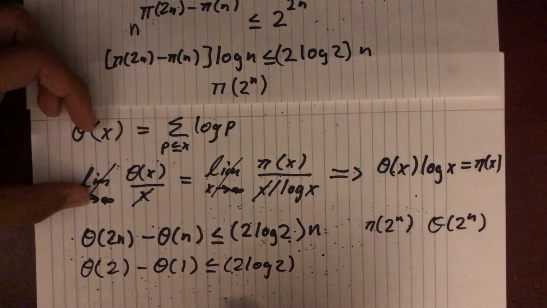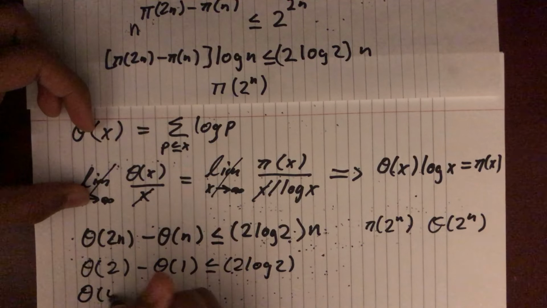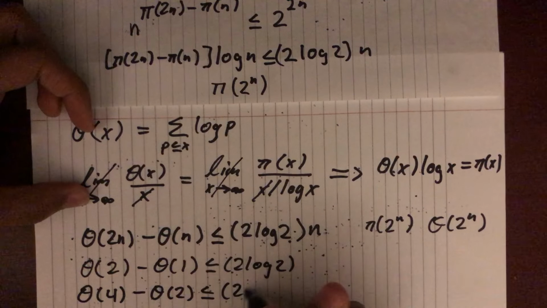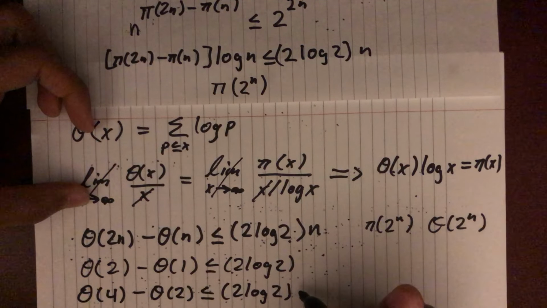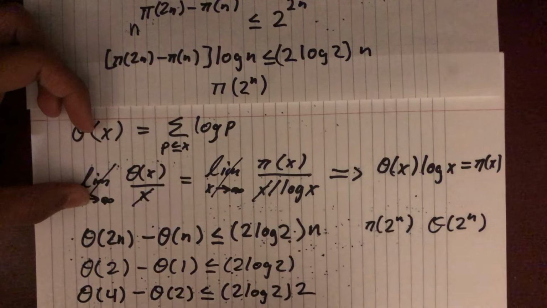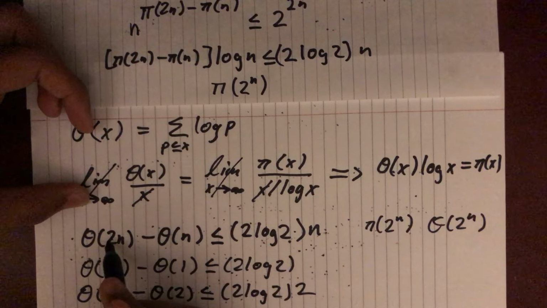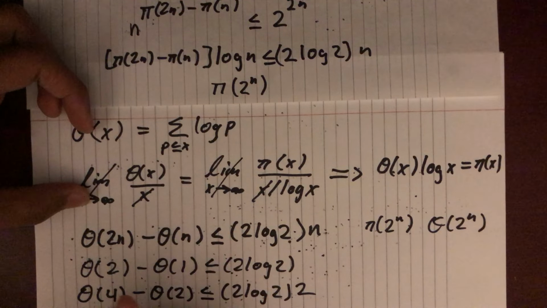Well, if I plug in n equals 2, theta of 4 minus theta of 2 is less than or equal to 2 log 2 times 2. What if I do n equals 4? Because I want powers of 2. And I notice that 2 times a power of 2 is a power of 2.